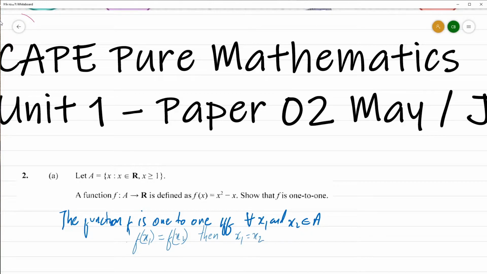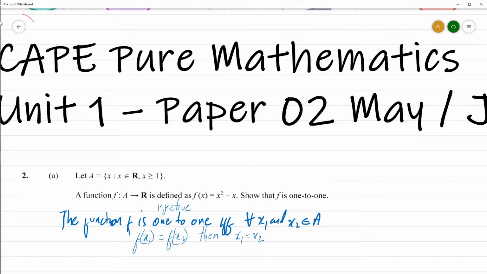So for us to show that this function f of x equals x squared minus x is 1 to 1, or the next word for 1 to 1 is injective, we must show for any x1 and x2 in this domain, x greater than or equal to 1, that if f of x1 is equal to f of x2, then we are able to get that x1 is equal to x2.